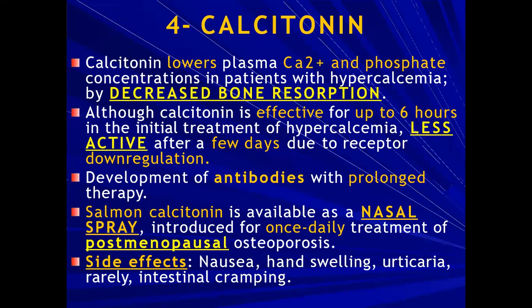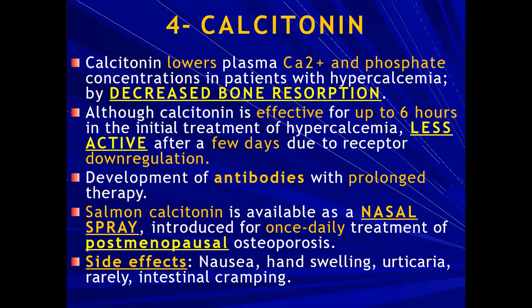Okay, so calcitonin lowers plasma calcium and phosphate concentration in patients with hypercalcemia by decreasing bone resorption. Although calcitonin is effective for up to 60 hours in the initial treatment of hypercalcemia, it is less active after a few days due to receptor downregulation, and antibodies develop with prolonged therapy.